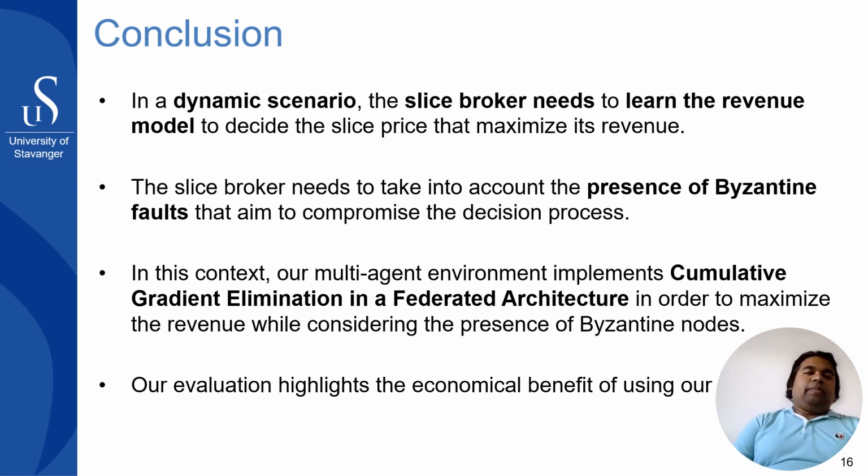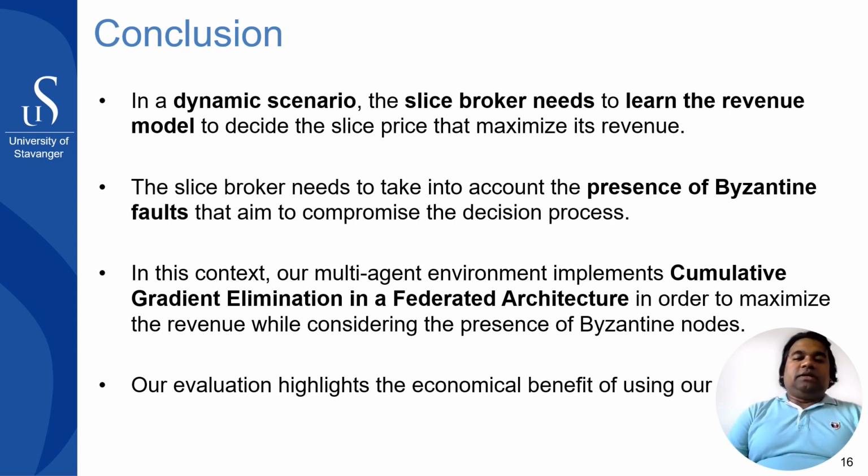Finally, we can say that in a dynamic scenario, the slice broker needs to learn the revenue model to decide the slice price that maximizes its revenue. The slice broker needs to take into account the presence of Byzantine faults that aim to compromise the decision process. So it's very important to take care of these faulty nodes.